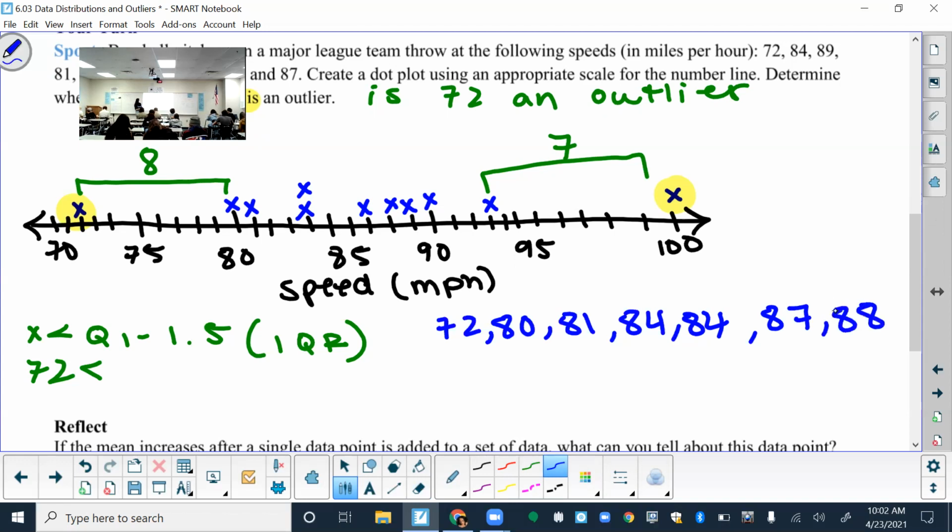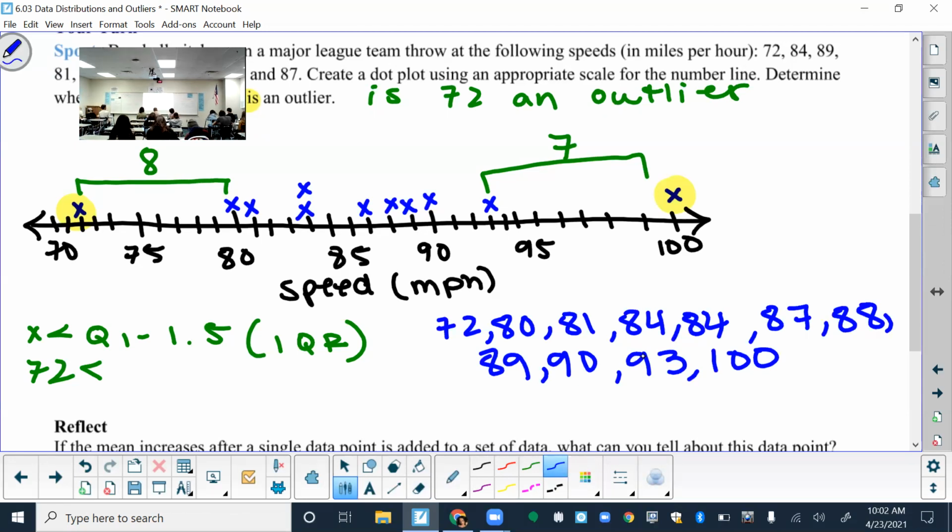And then 88, 89, 90, 93, and 100. All right, and then I have 11 data points, just like the ones I started with.